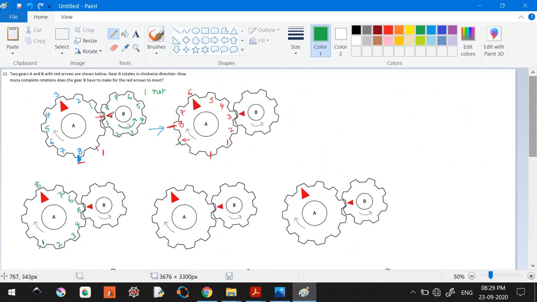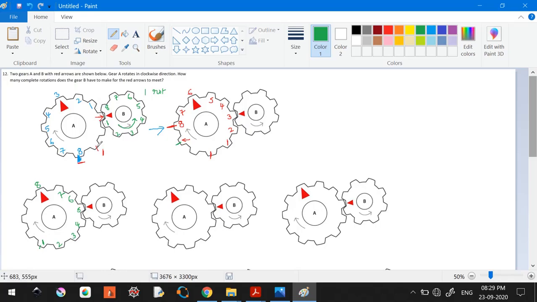Okay, if I start here, 2, 3, 4, 5, 6. I have to make this 8 steps, right? 1, 2, 3, 4, 5, 6, 7, 8. Then for the first step, yes, correct. 1, 2, 3, 4, 5, 6, 7, 8. 8 will be, this will be there, which is correct.